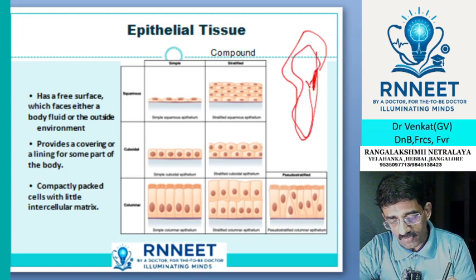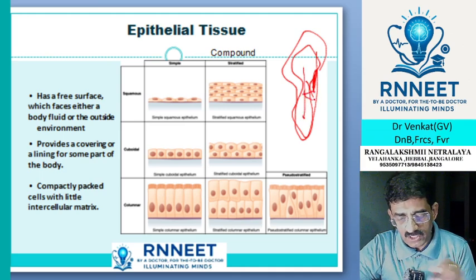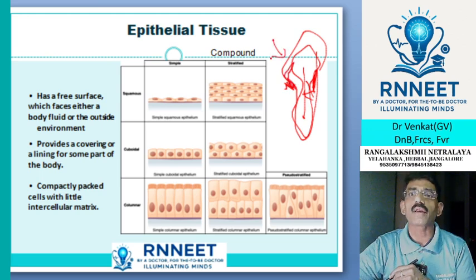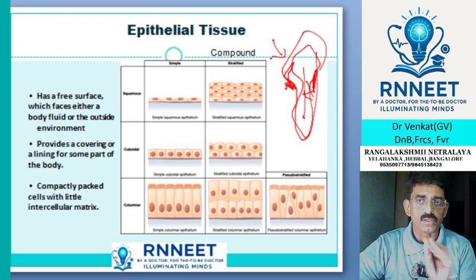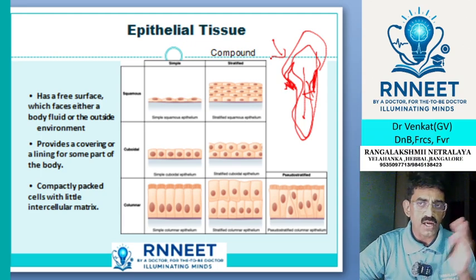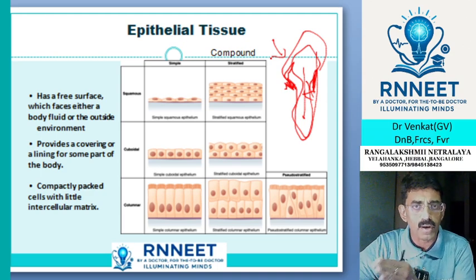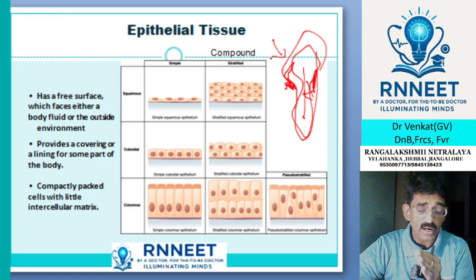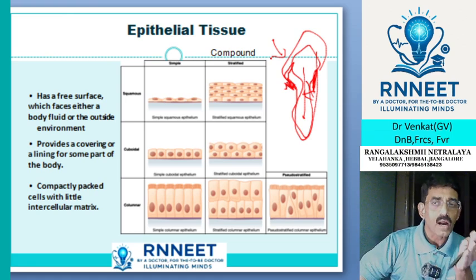They're facing the body fluid inside the cavity. So if the tissue is facing inside the cavity, or the tissue is present on the outer surface facing the outside environment, that is very important. So it is a tissue covering which faces either the outside environment or the internal environment, and that is a free surface. So automatically one surface is free, so the other surface is attached.